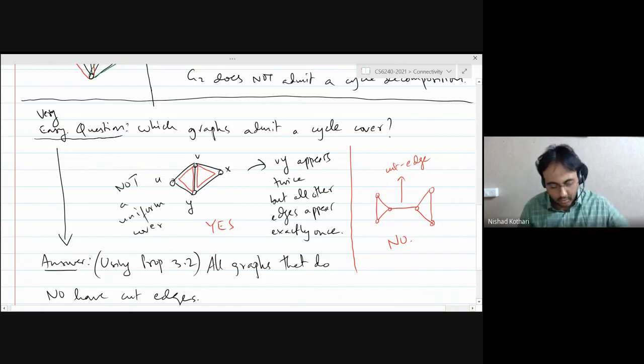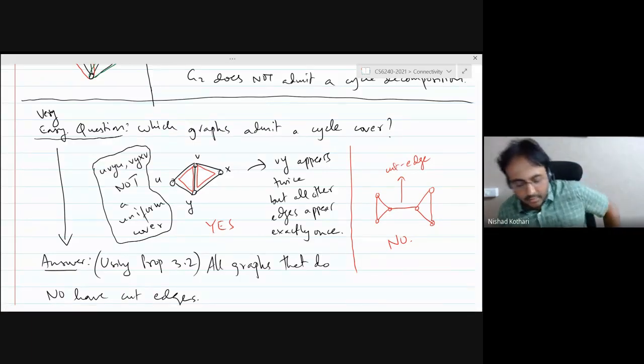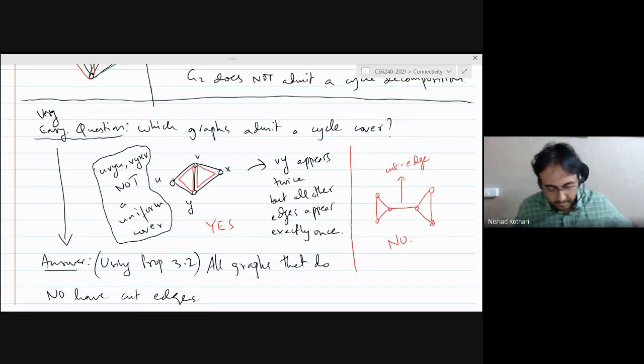The cover that we have shown here, U, V, Y, U, that is one cycle, and V, Y, X, V is another cycle. This is not a uniform cover of this graph, a cycle cover. Can someone tell me if there is a uniform cover? Can someone suggest a uniform cover? What if I want to cover all edges the same number of times?